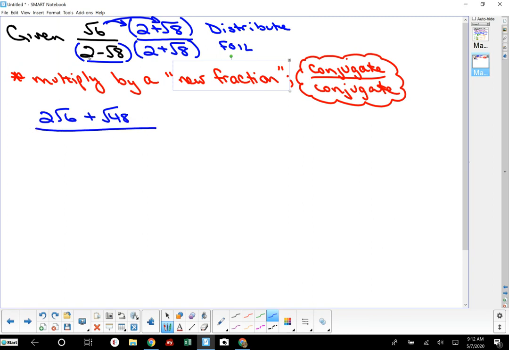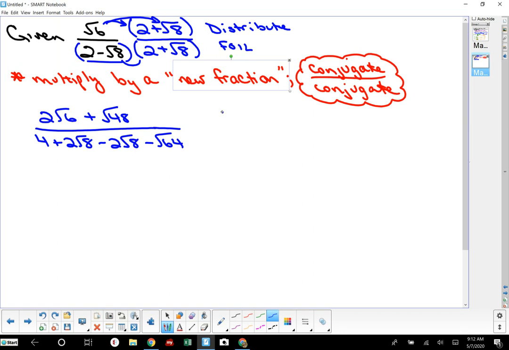And then in my denominator, I get 2 times 2 is 4. 2 times rad 8 is 2 radical 8. And then minus 2 radical 8. And then a negative rad 8 times a positive rad 8 is a negative radical 64. If you want to just put a negative 8 there, you can. I'll simplify that in the next step.